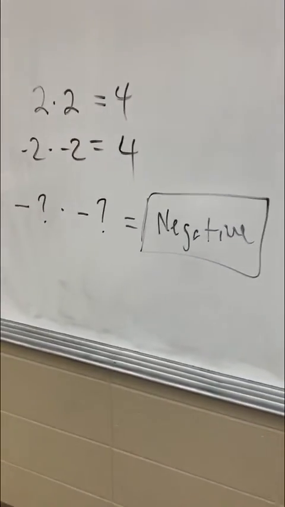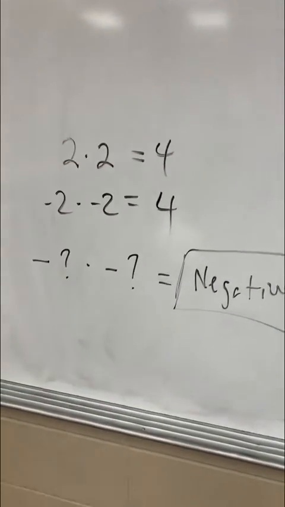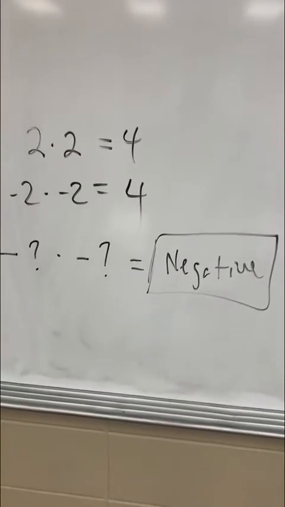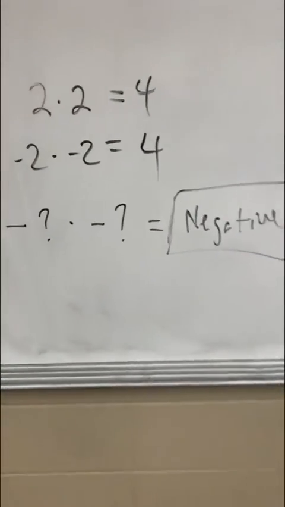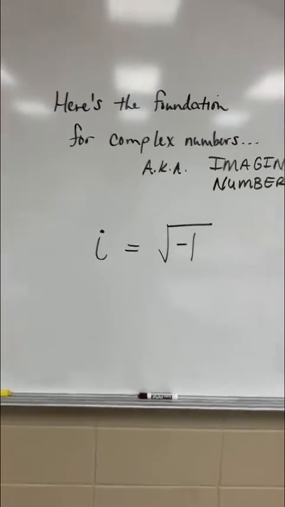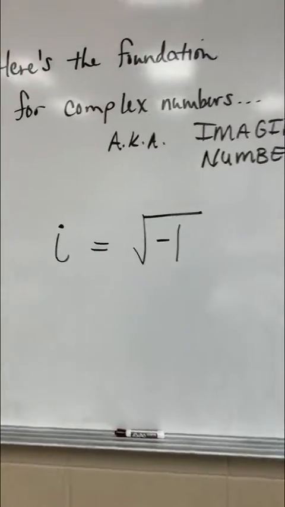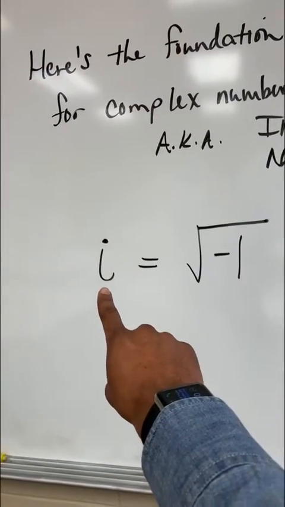To do that, we have to leave the real number system and go into what we call the complex number system, also known as imaginaries. So here's the foundation for complex numbers. i stands for the imaginary unit.